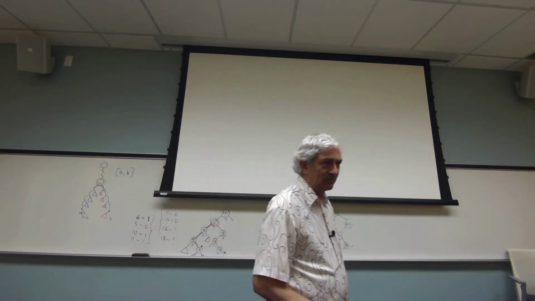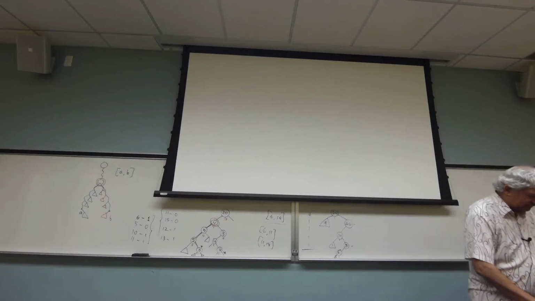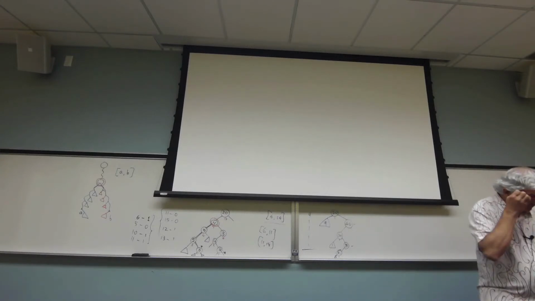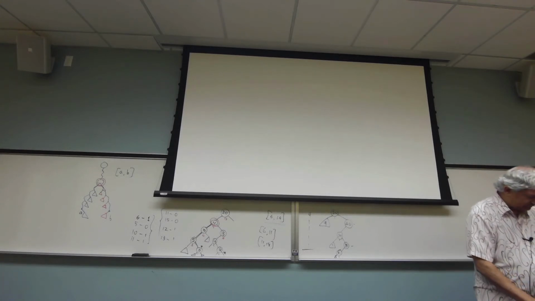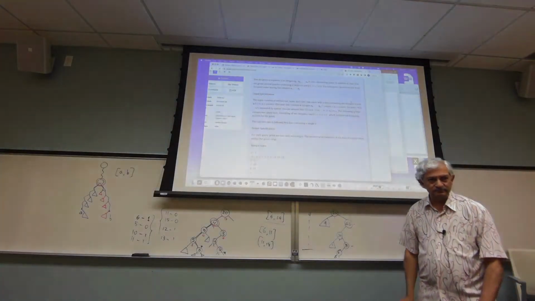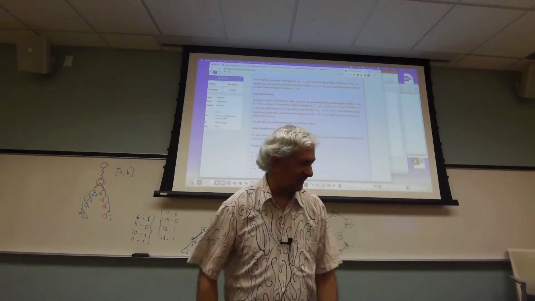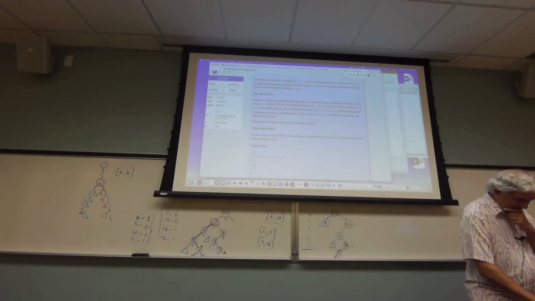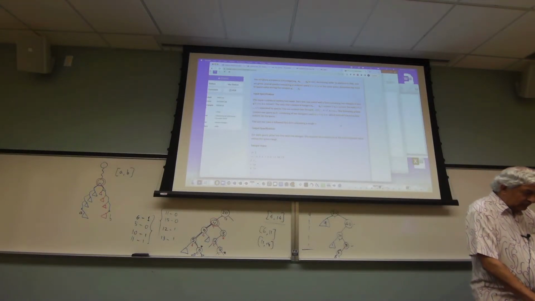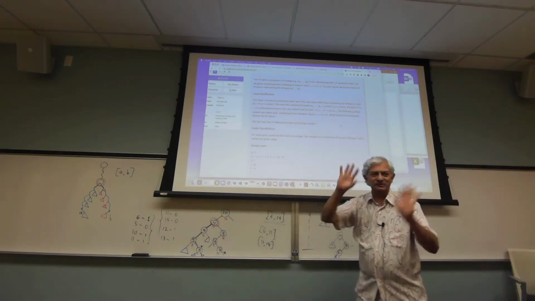Okay. So question is, how in the world are we going to solve this? Then they give you a little bit more about how this input is specified. Ignore all that.